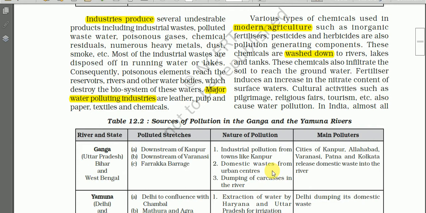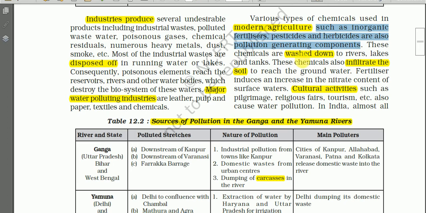Okay, let us continue. Various types of chemicals used in modern agriculture, such as inorganic fertilizers, pesticides, and herbicides, are also pollution generating components. Inorganic fertilizer means chemical fertilizer, and herbicide means weedicide.